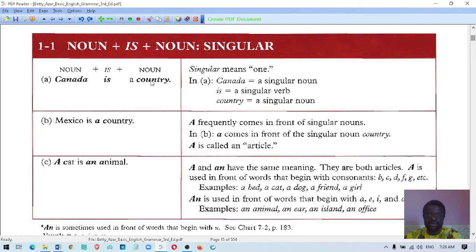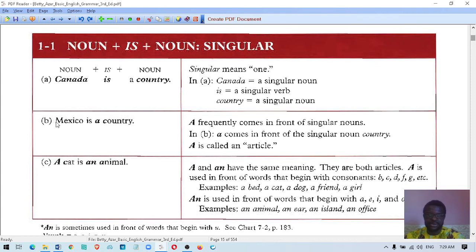Canada is a country. Cambodia is a country. You see, this is a noun because it's the name of a place, and the place is Canada. So because it's one country, we're using is, which is our singular verb, then a country, to tell us that this is just one. Okay? See, Canada is a singular noun, is a singular verb, and country is also a singular noun.